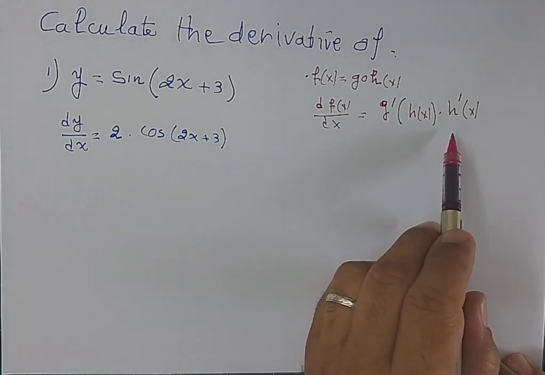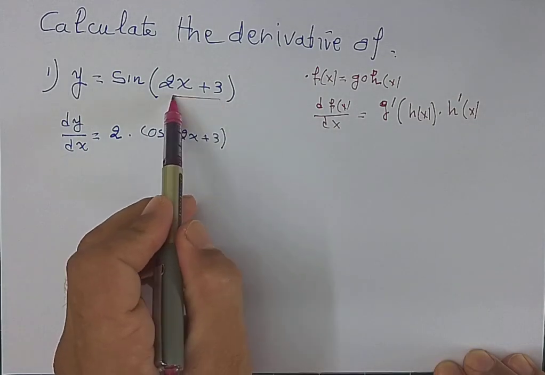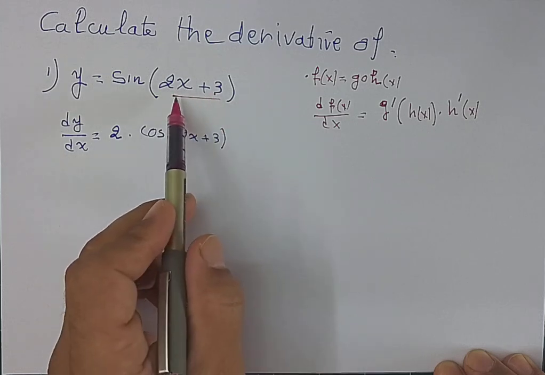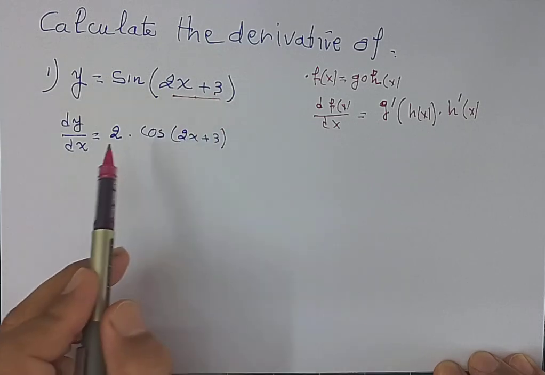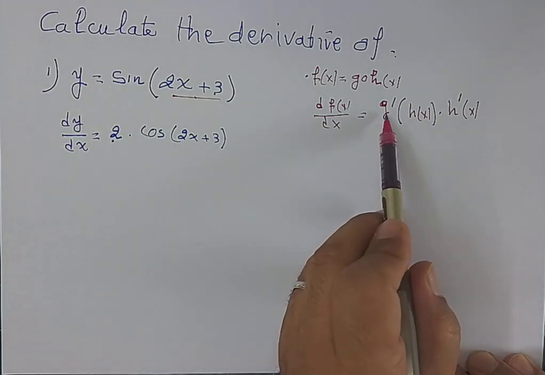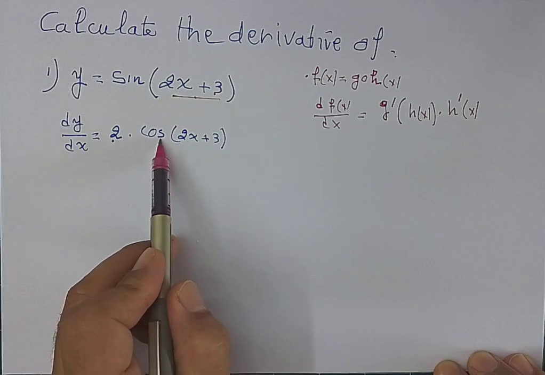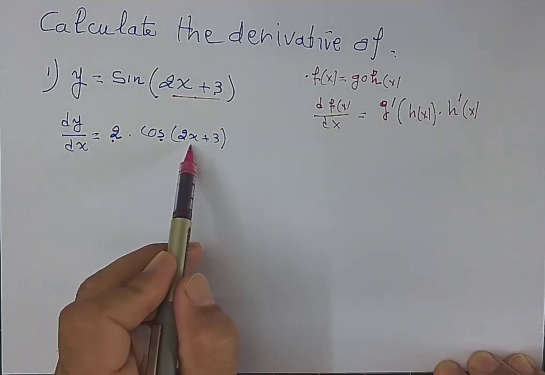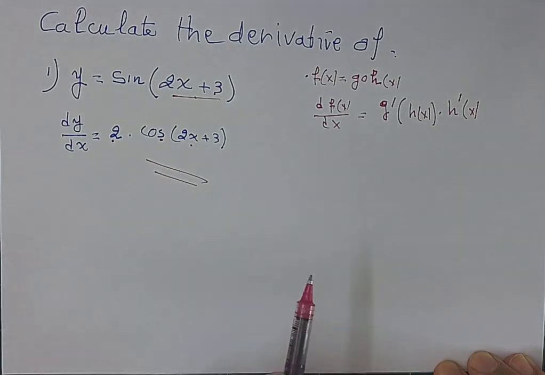The same thing here: h(x) equals 2x plus 3, its derivative is 2, and the derivative of g, which is sine, is cosine, evaluated at h(x). That's it. It is correct.